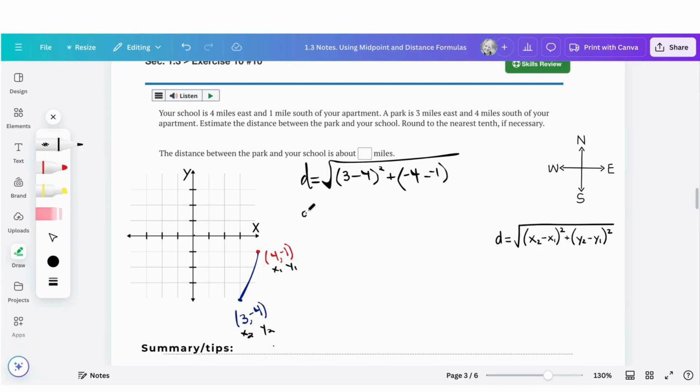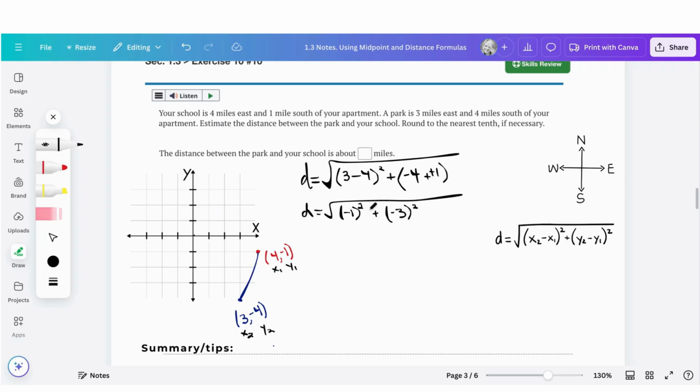Simplify this out. Make sure you work inside the parentheses first. So distance equals 3 minus 4 is -1. -4 minus -1. If you need to add the opposite here, helps me out. -4 plus 1 would be -3. Square that. Okay, now we want to square those numbers.